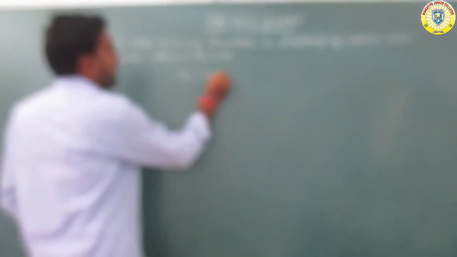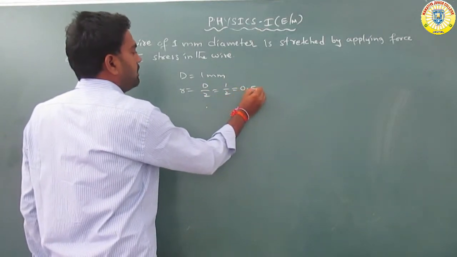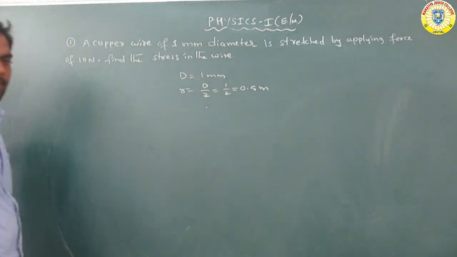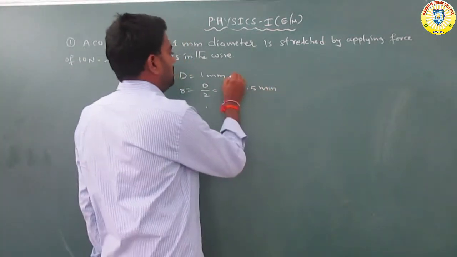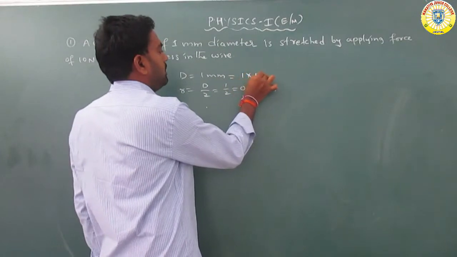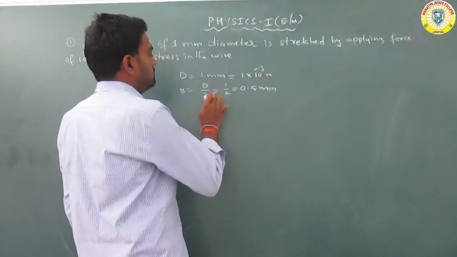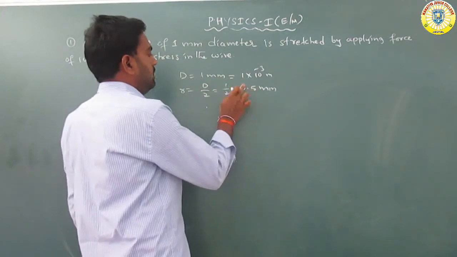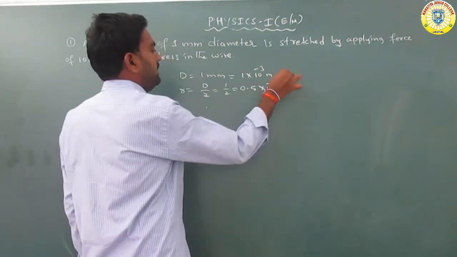Okay, according to the given information, the copper wire has 1 mm diameter. So the diameter is equal to 1 mm and the radius is d by 2, so 1 by 2, which is 0.5 mm. A millimeter is 10 to the power of minus 3 meters, so the radius is 0.5 into 10 to the power of minus 3 meters.